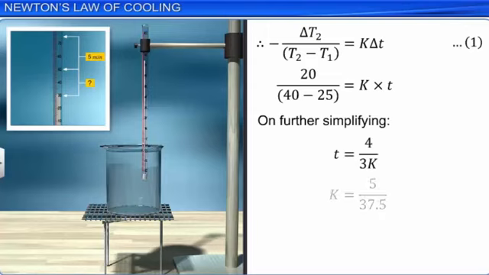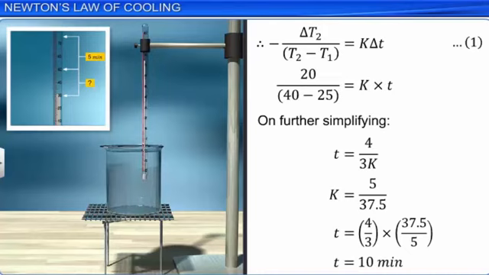Substituting the value of K, and simplifying, we get the value of T equal to 10 minutes. Therefore, it takes 10 minutes for the temperature of the water to fall from 50 degrees Celsius to 30 degrees Celsius.